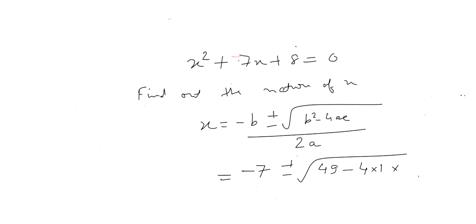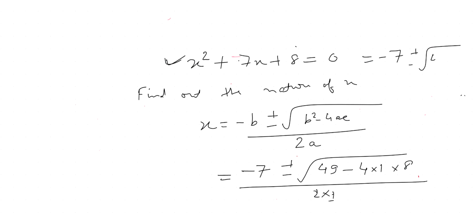I've just taken the values of a and c from this expression. Now what is 49 minus 4 into 8? It is nothing but minus 7 plus minus root of 49 minus 32 upon 2, which is nothing but minus 7 plus minus root over 17 upon 2.